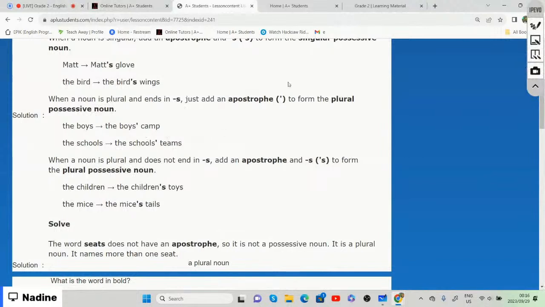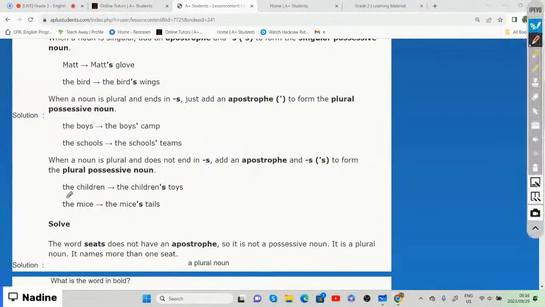Schools is plural, so we just put the apostrophe. We don't add another S. We just say apostrophe at the end, not apostrophe and S, because that shows plural possessive noun.